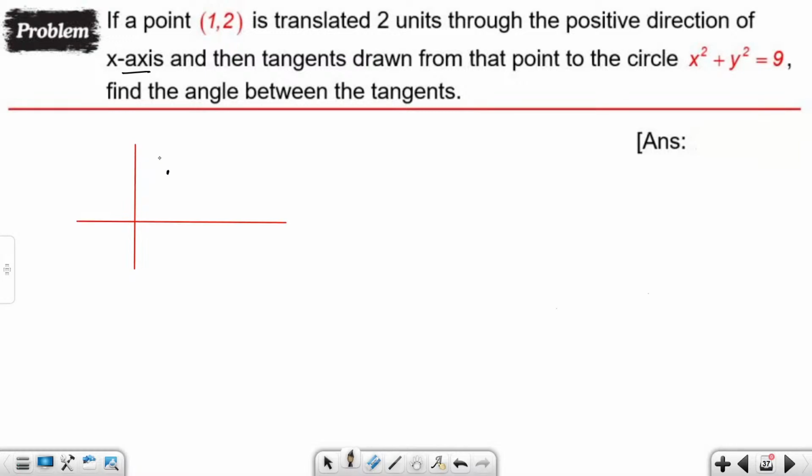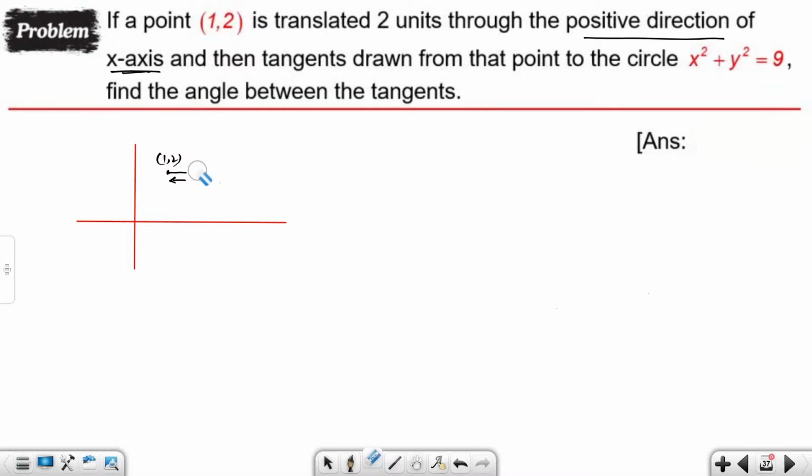Now this point has been translated 2 units to the positive direction of the x-axis. That is, you have moved this point 2 units in the positive direction of the x-axis. This length is how much? This length is 2. So what will be the coordinate of this point? The coordinate of this point will be nothing but 3, 2. Is it clear? Now, from this point, have you understood this? Then let me just erase this.